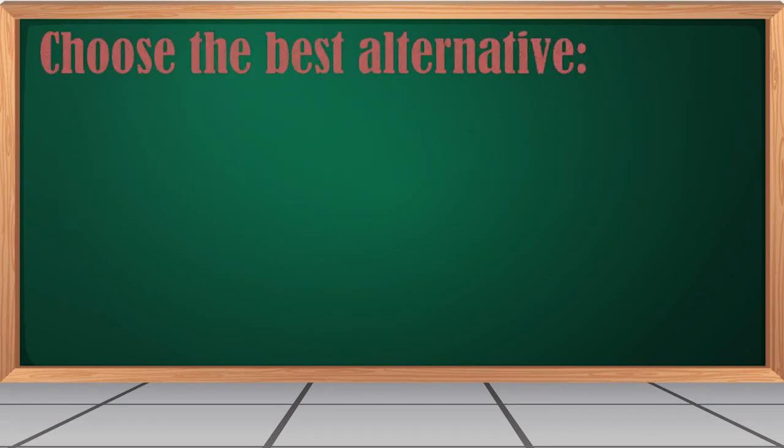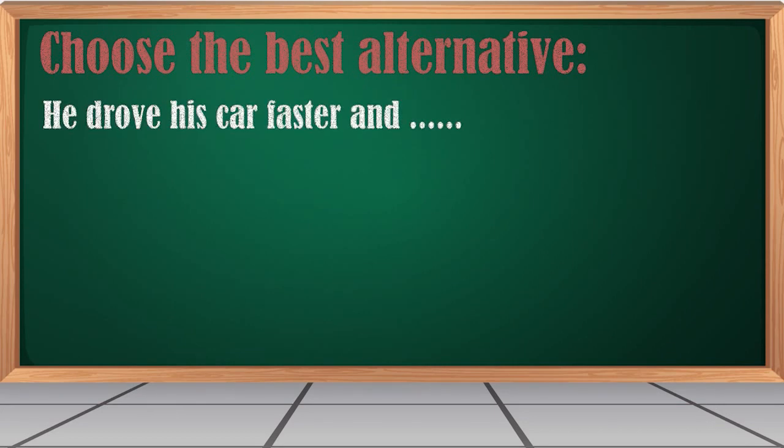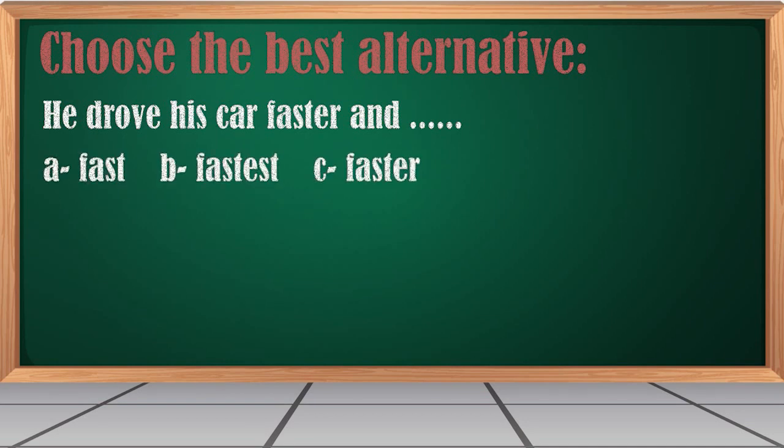Choose the best alternative. He drove his car faster and A. Fast. B. Fastest. C. Faster. What is the correct answer here? So the correct answer is C. Faster. He drove his car faster and faster.